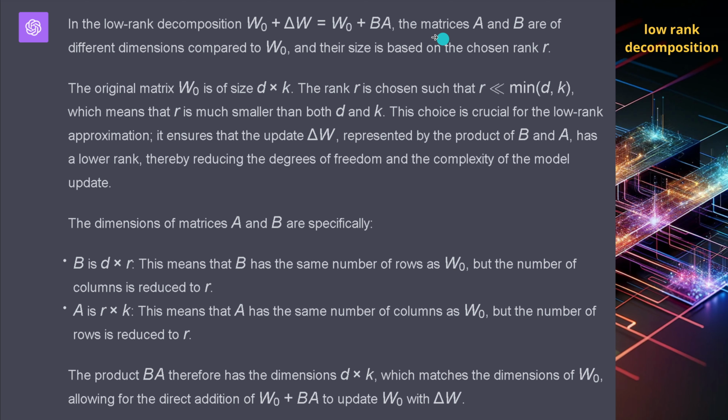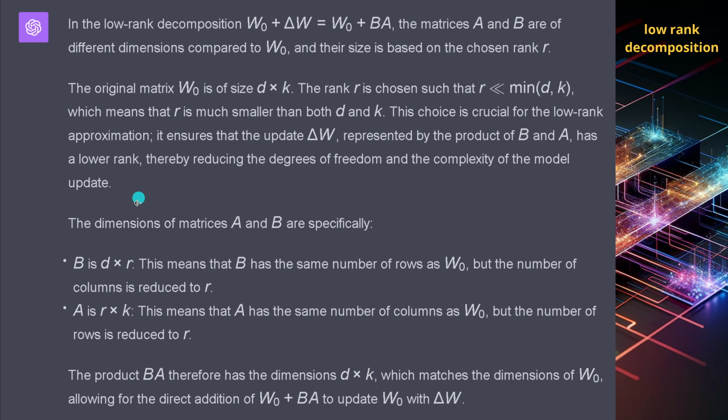Our matrices A and B are of different dimensions compared to W0, and their size is based on a chosen rank. You choose for your system a specific rank, and the beauty is that a low rank also provides good results. So the rank R is chosen such that it is really small, smaller than the minimum of D and K, if our original weight matrix is of size D times K.